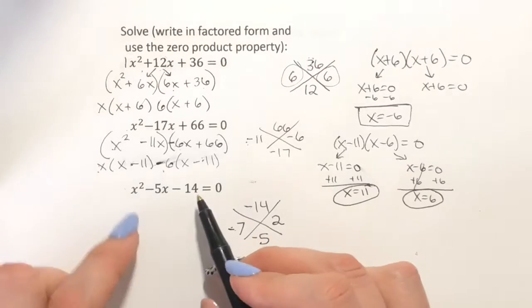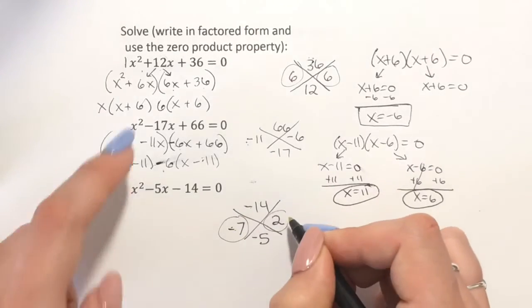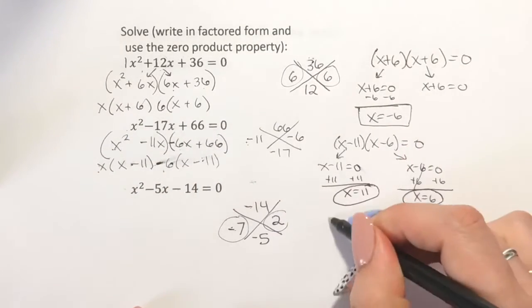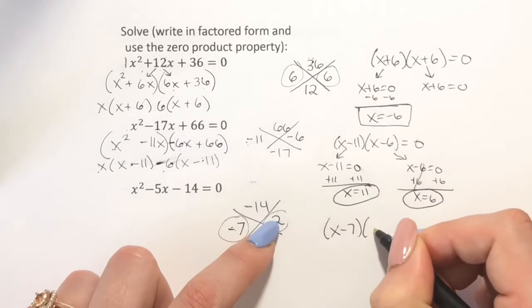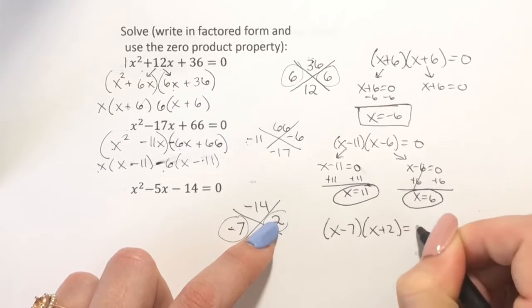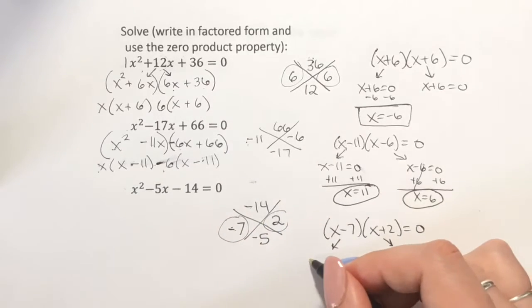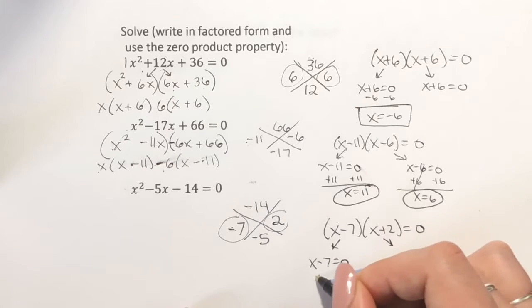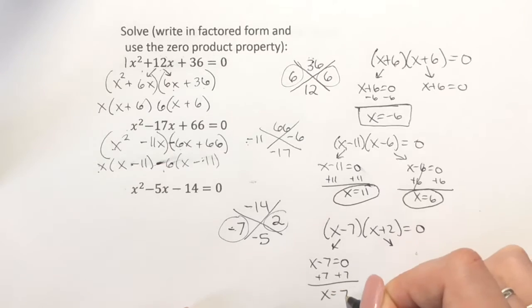But again, with the shortcut, since it's a 1x squared, you can just skip the factor by grouping and go straight into your factored parts, where you're going to have x minus a 7, x plus a 2, and then you're going to set each of those equal to 0, which you can even do a shortcut here, because if this is x minus 7, I end up adding 7, so my answer becomes x equals positive 7.